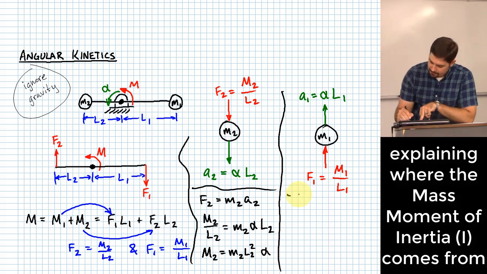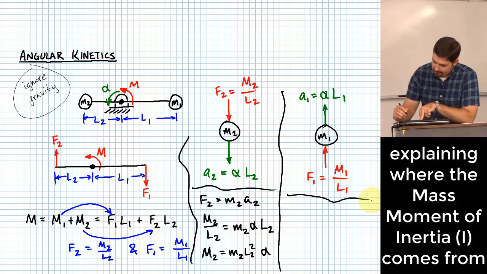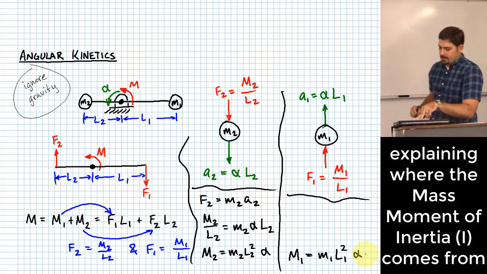What do you think we're going to have for mass 1? There's no reason it should work any different. Mass 1 is just, or the moment, the contribution to the moment M1 is equal to mass 1 times L1 squared alpha. All right.